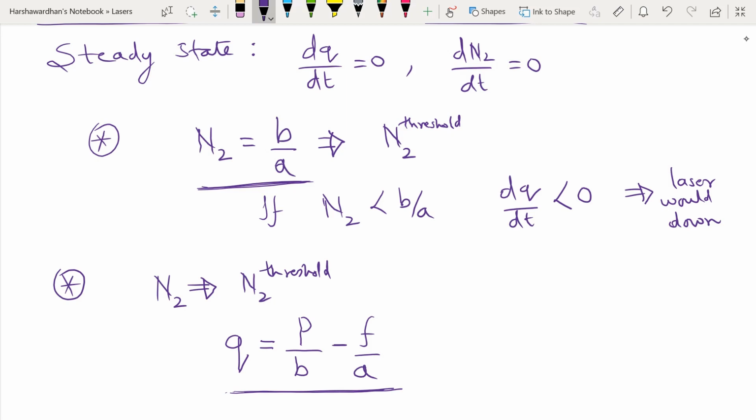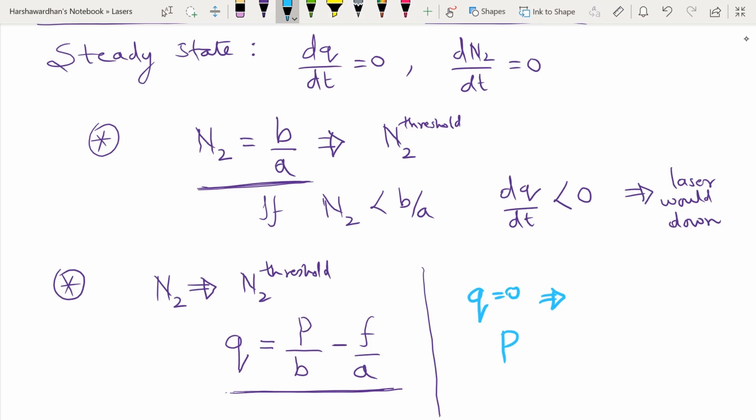Let us imagine, what is the minimum number of photons that one can have? The minimum number of photons that is possible is Q equal to 0. Now if I set Q equal to 0, I essentially get a constraint.